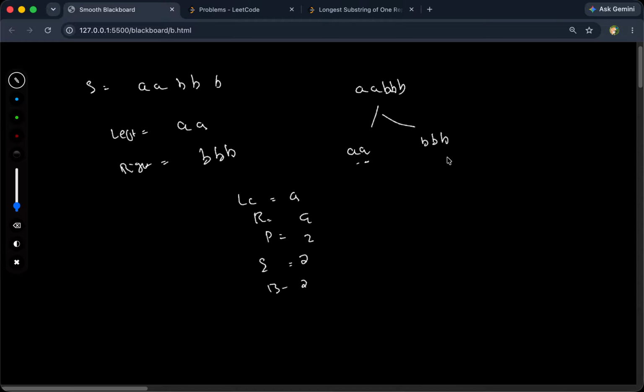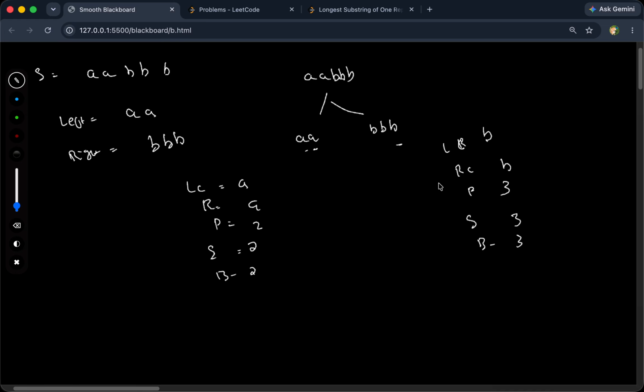For the right child, left character b and right character b, so prefix is 3, suffix is 3 and best is 3. Now we need to calculate the information for abbb. That's how we merge those.